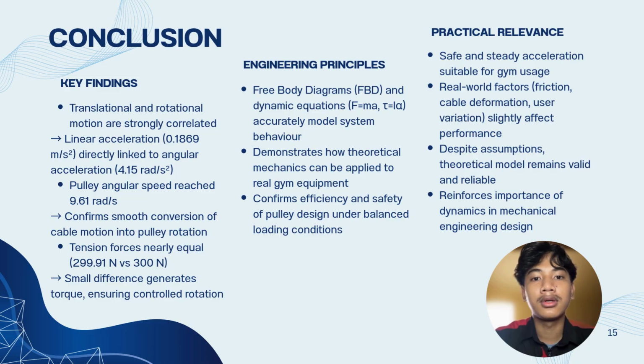The results show a strong correlation between translational and rotational motion. The weight stack linear acceleration of 0.1869 meter per second square corresponds directly to the pulley angular acceleration of 4.15 radian per second square, with an angular speed of 9.61 radian per second. The tension forces were nearly equal, 299.91 Newton versus 300 Newton, producing sufficient torque for smooth and controlled rotation.